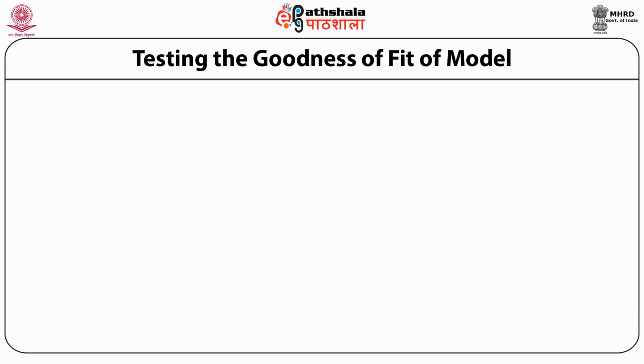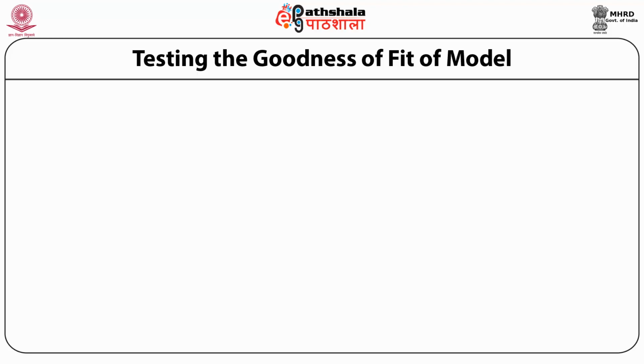Testing the goodness of fit of the proposed model. Here we also need to see whether our proposed model is good enough to make predictions or not. For this, we have various parameters to ensure whether our model is good or not.